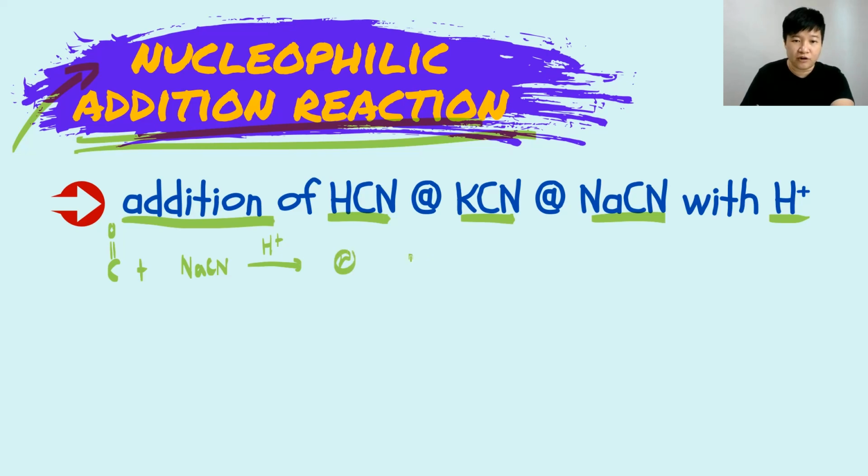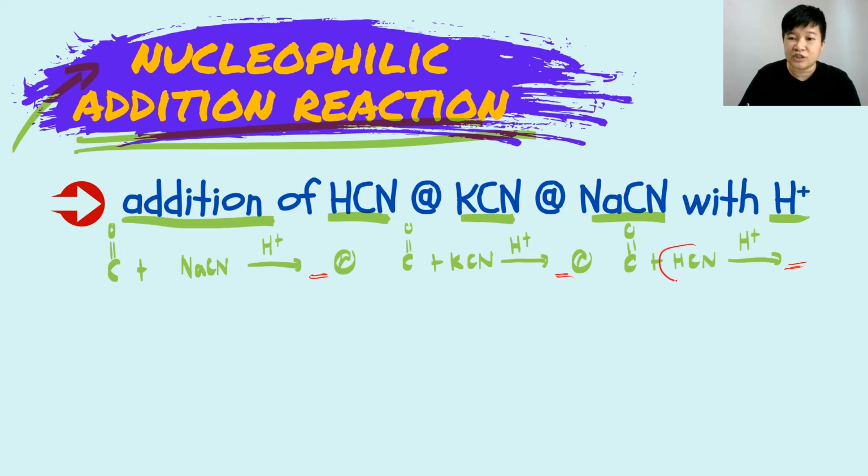Or you can have your carbonyl react with your KCN with the presence of acid. Or C double bond O plus HCN with the presence of acid. All of them will give you the same product later on. The only thing that makes it different is you are using different reagents.